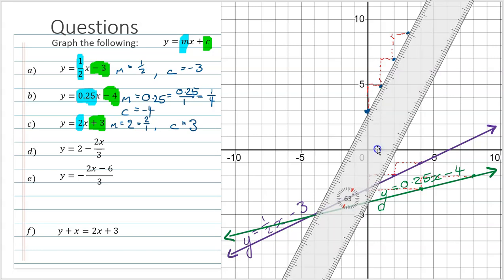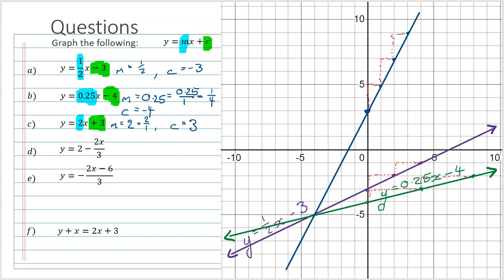That looks pretty close. Drawing the line. Marking the arrowheads. And then writing the equation. So this line here refers to y equals 2x plus 3.